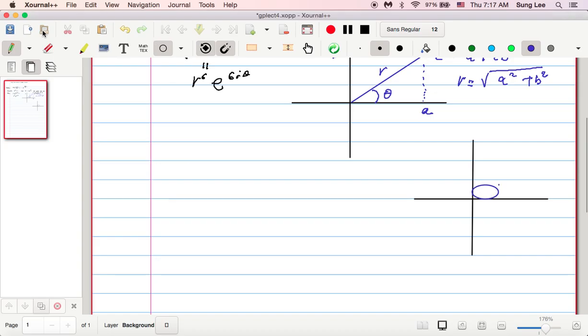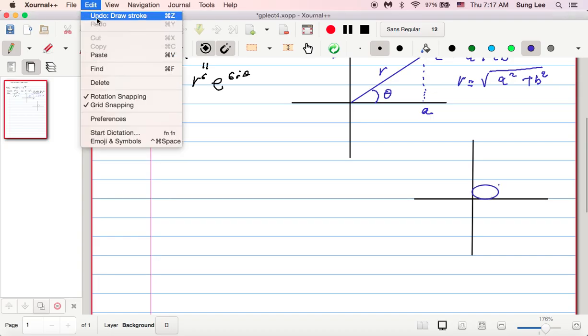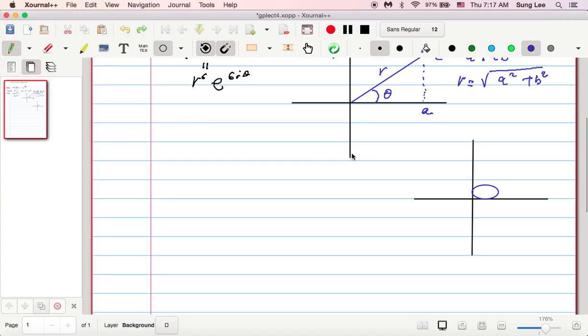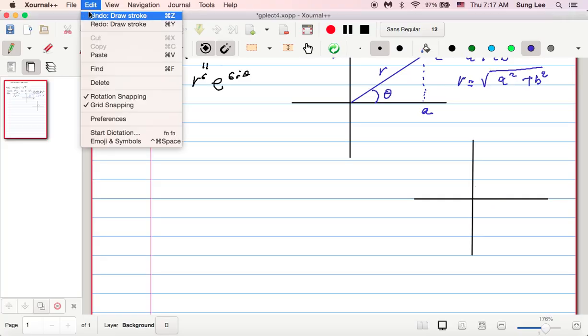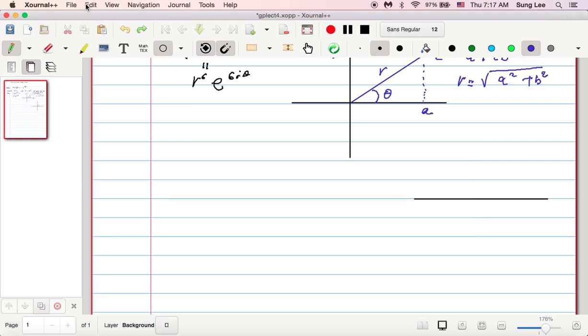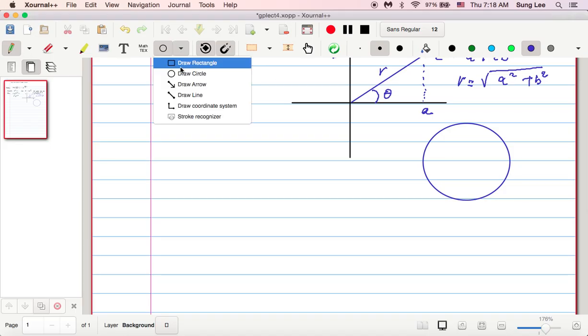I better draw the circle first, and then put the axes there. I think this is okay, a little bit off, but that's okay.